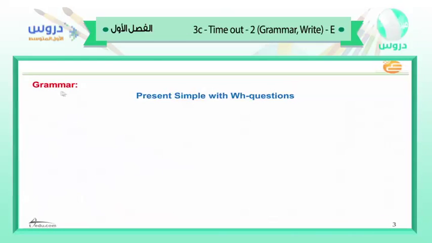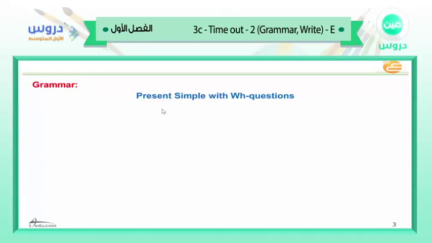First of all, we will talk about the grammar. We have, as we said before, present simple tense with WH questions. Some people will say, excuse me, what do you mean by present simple? So at first we have to know what we mean by present simple.